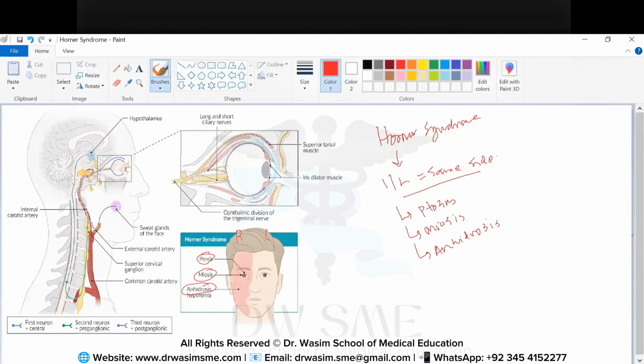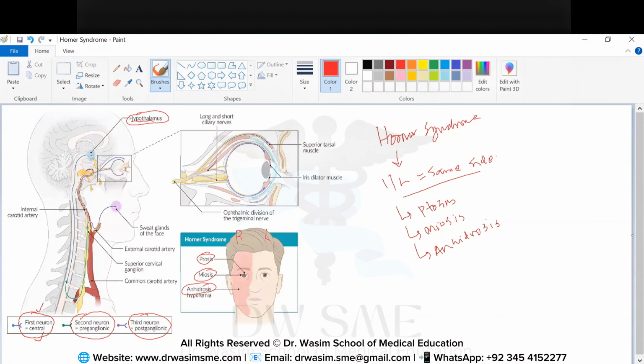Now, how does this Horner syndrome occur? There is a problem in the first neuron or central neurons, or in the second neuron or preganglionic neurons, or in the third neuron or postganglionic neurons. In the first neuron or central neurons, if there is a lesion in the hypothalamus or in this blue one, the first neuron, it will cause Horner syndrome of central origin.